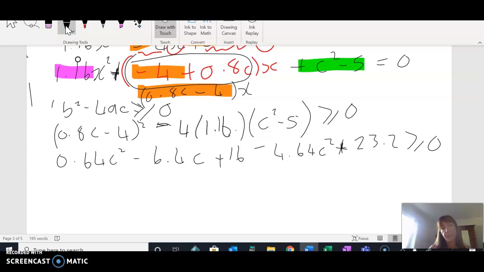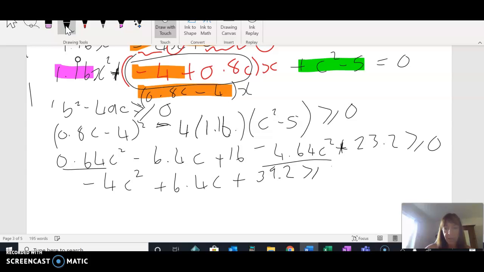Okay, so now I've got a new quadratic, and I just need to tidy that up. So 0.64c squared minus 4.64c squared gives me negative 4c squared plus 6.4c plus 23.2 plus 16 gives me 39.2.